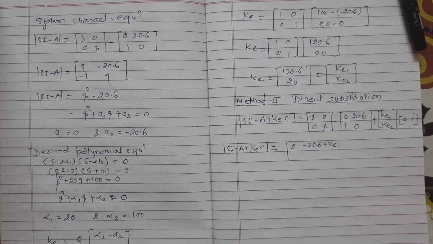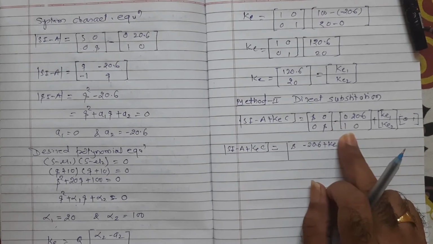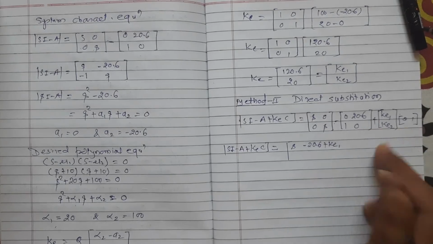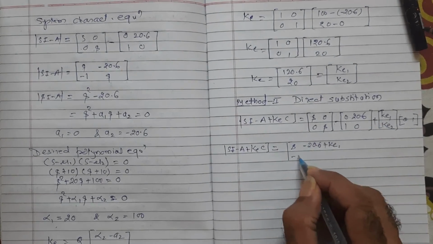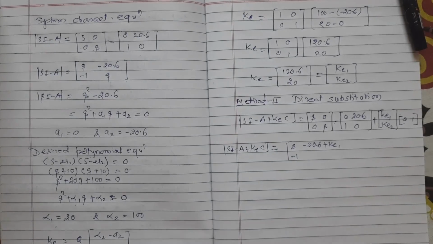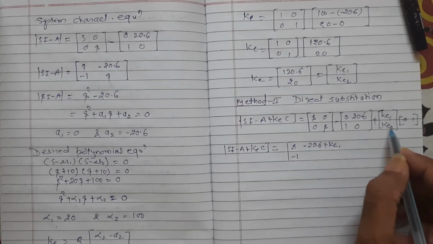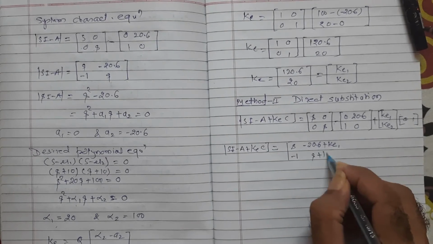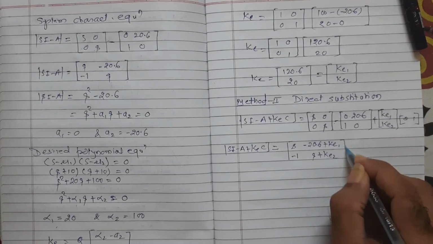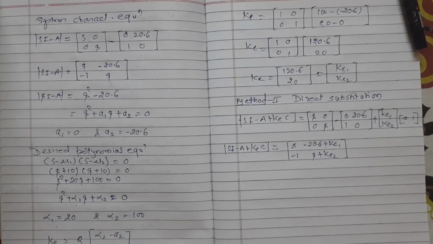Now 0 minus 1, that is minus 1, and Ke2 into 0, so this is minus 1. And this is s minus 0, that is s, plus Ke2. So this becomes s plus Ke2. So these are the equations we have.